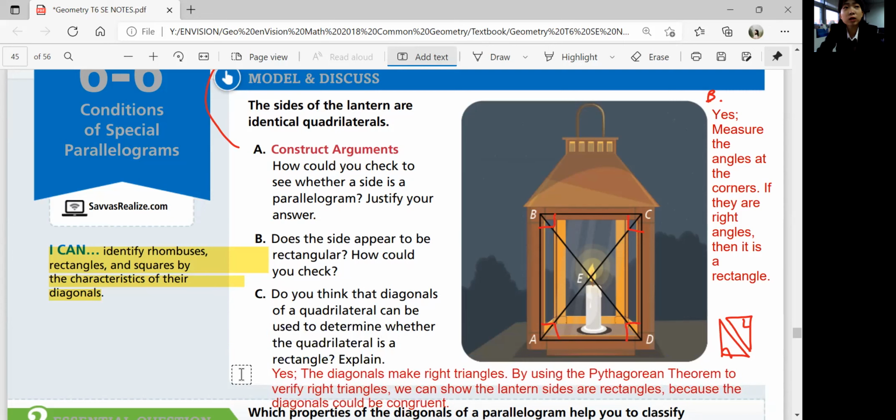So use what you know about the properties of the shapes.